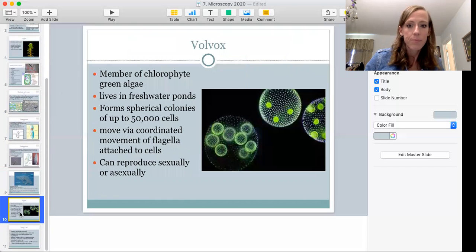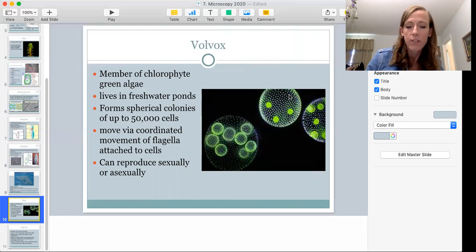All right, next and last organism that we're going to look at is the Volvox. It is a member of the chlorophyte green algae family. It also lives in freshwater ponds, and it forms these hollow balls because this is actually more like a colony of cells.